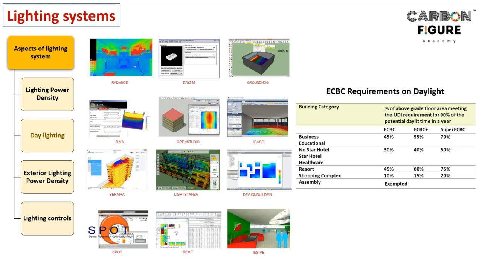These are the different software names: Radiance, Daysim, Grounddog, Diva, Open Studio, Light Stanza or Design Builder, IES, Revit. These AutoCAD guys will be there everywhere, right? Whatever the application, they will have their own tool. The famous ones, from what I have heard, are Open Studio, Design Builder, and IES, right?